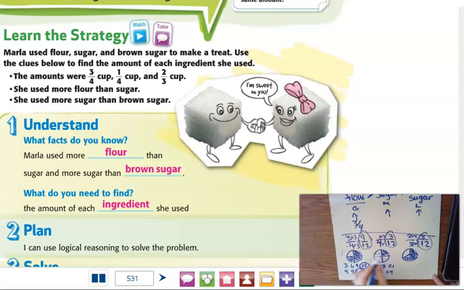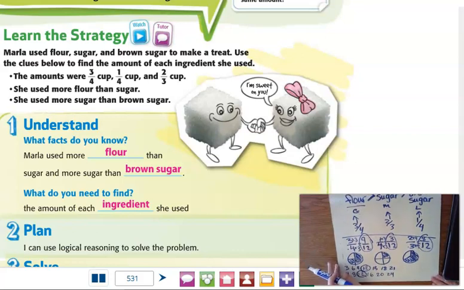The middle one is 8/12, which matches to 2/3. And the least is 3/12 or 1/4, which is going to match to the brown sugar. So that's how we can use logical reasoning and our comparing fractions in order to solve this problem.